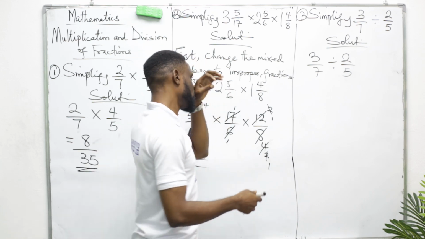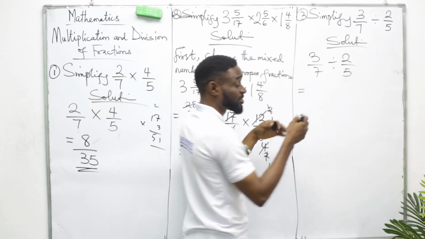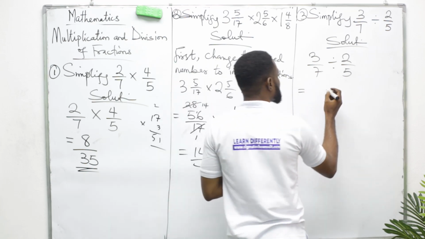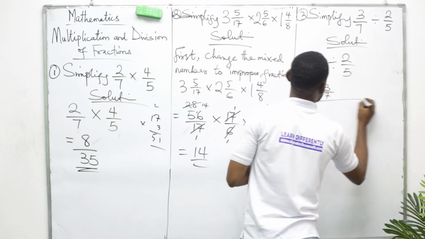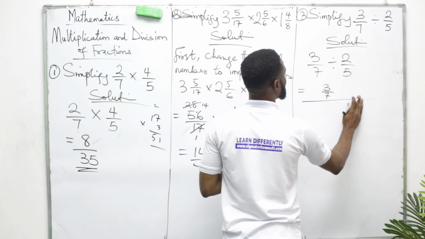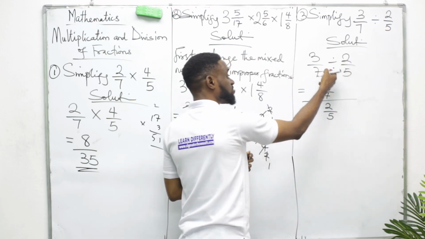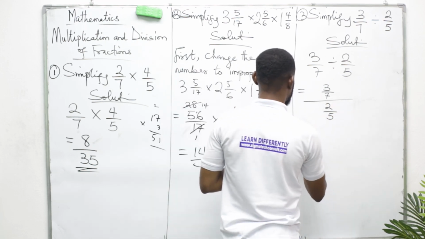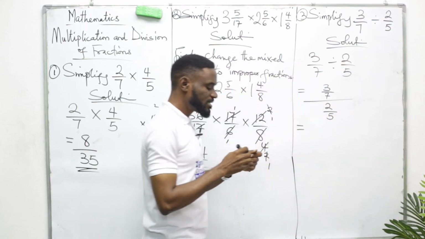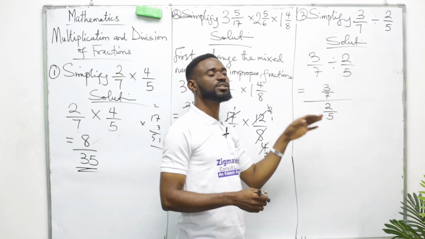Let me put it in typical division sign. This is 3 over 7 divided by 2 over 5. This is a fraction, and this is the numerator. This is a fraction, this is the denominator.